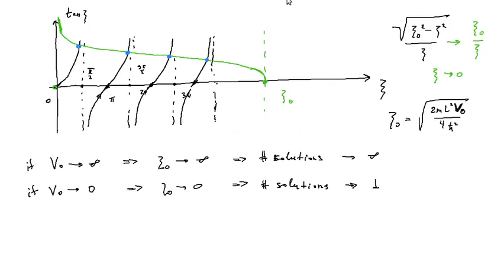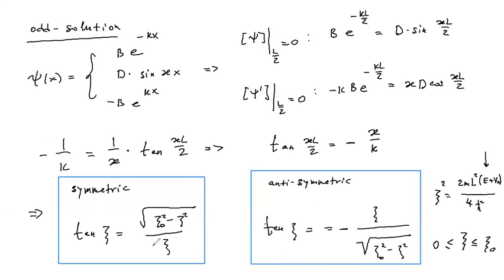I have anti-symmetric solutions. This was symmetric solutions, yes? What about anti-symmetric solutions? Well, this was symmetric. For anti-symmetric, I have a slightly different function. First of all, it's negative. It starts at 0, and then it goes to infinity when you reach xi equal xi naught.